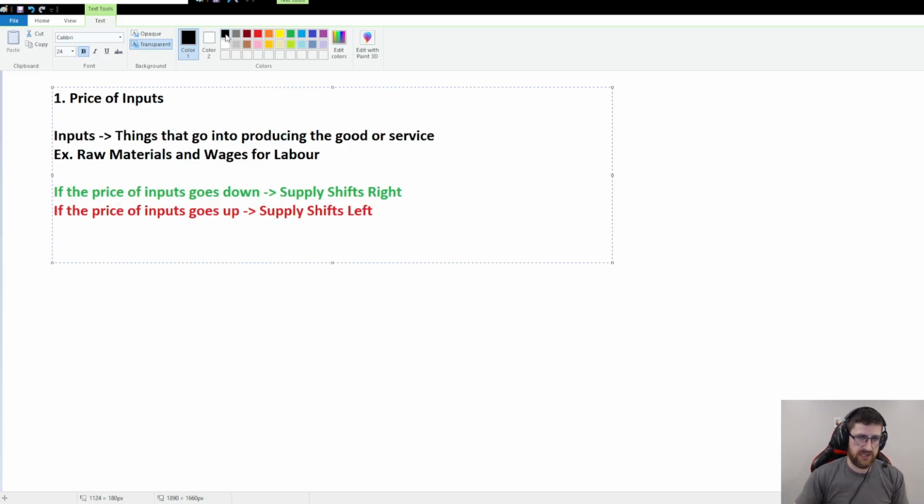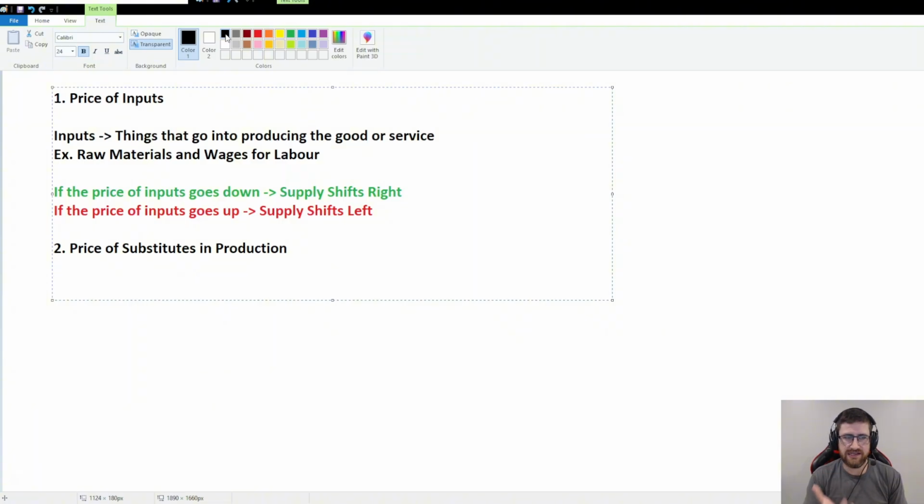Number 2 is the tricky one, and it's tricky because I think people struggle to understand how the relationship works. So this is price of substitutes in production. So the idea here is that companies often will make more than one good, okay?